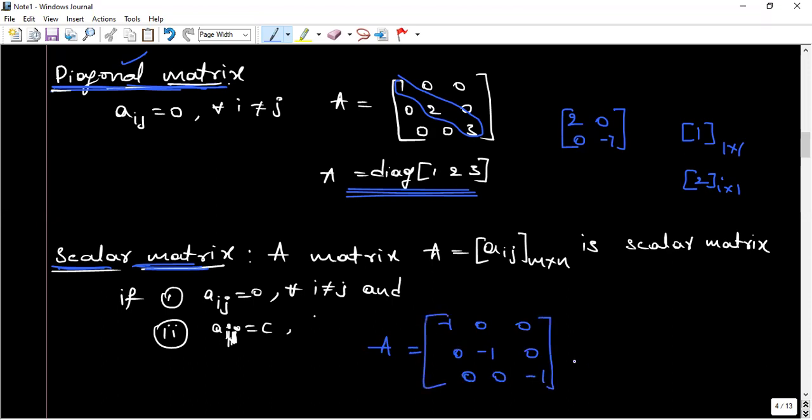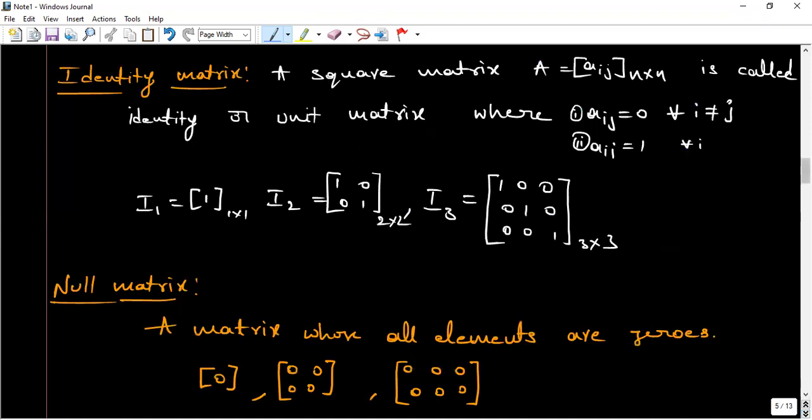Is that clear? If you have the same diagonal elements, then it is called a scalar matrix. Okay, clear? Aij is 0, that means the remaining numbers are 0 other than the diagonal elements. And the diagonal elements are a single number, a constant. So it should be the same.